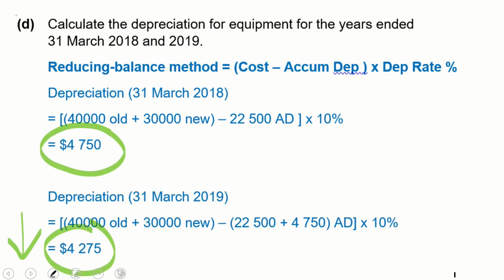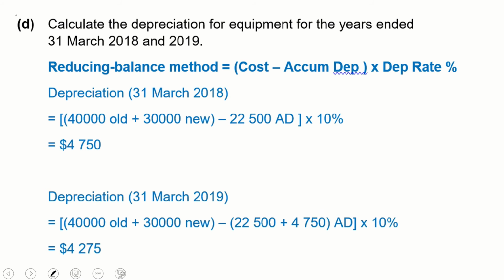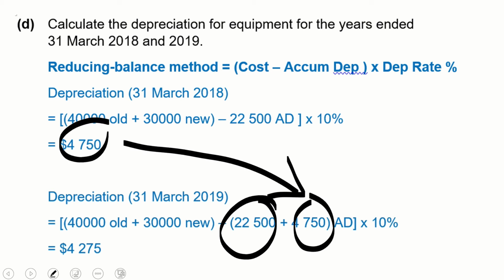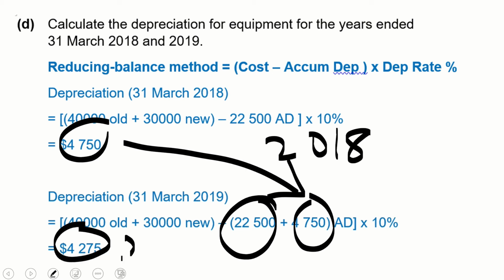Can you recall this slide? Here they are. This is the original, this is from 2018, and finally 4275 is 2019.